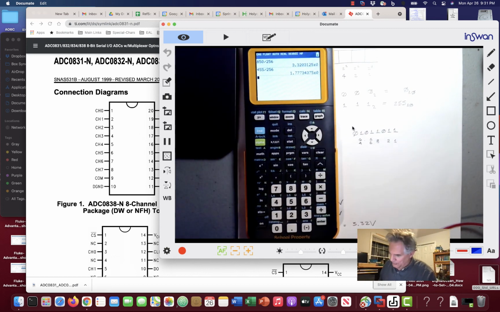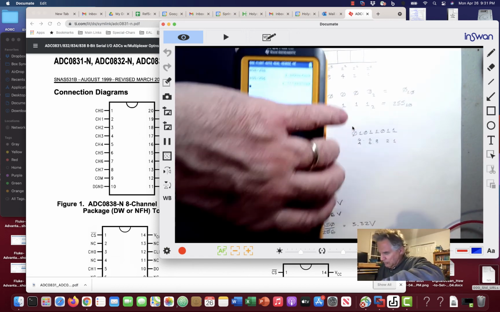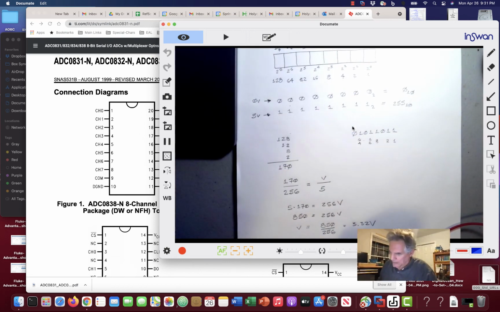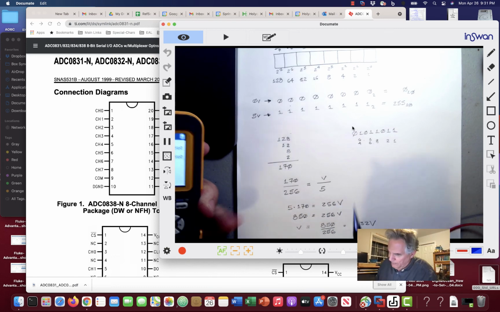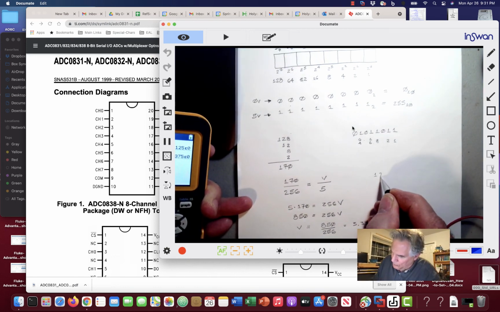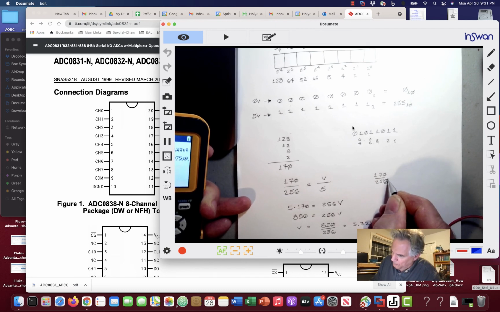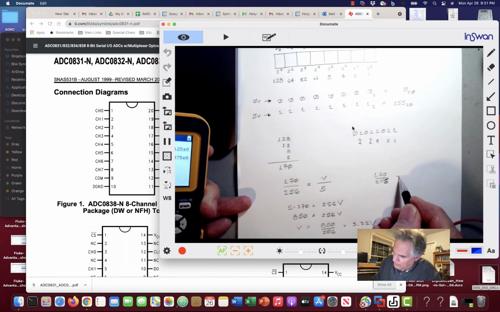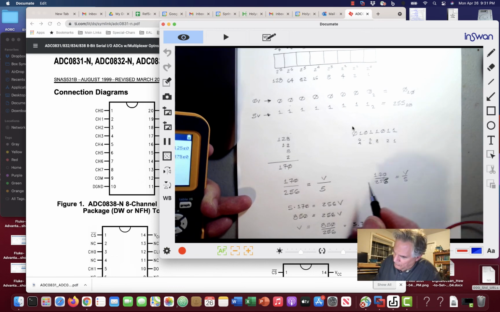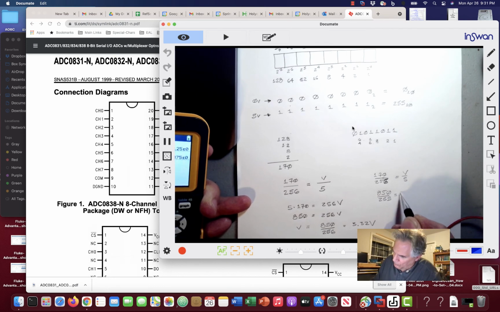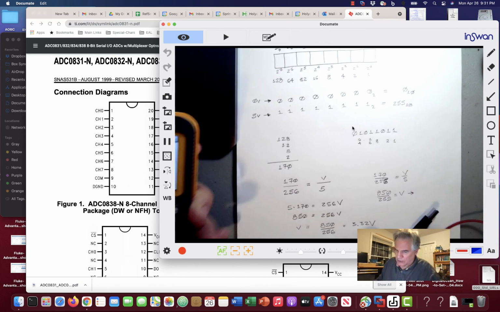What would happen to these two cases if I use 255? I think some people say you should use the 255. Well, let's just take a gander. Maybe it makes it come out better. So up here I would have had 170 over 255 equals V over 5, and I would have had my 850 over 255 equals V, and that would have given me what?